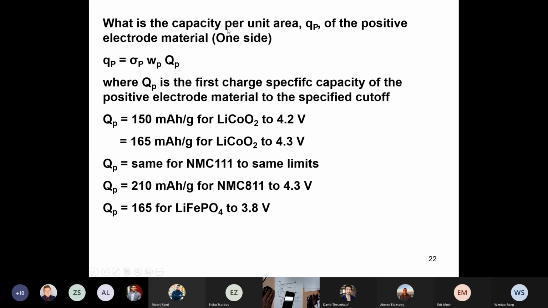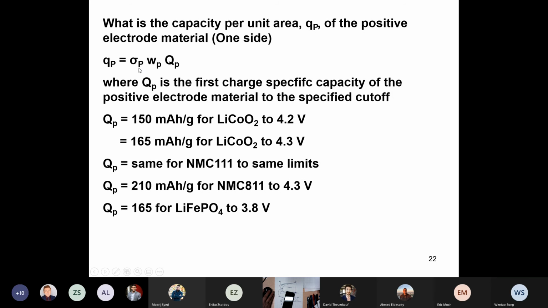Then you need to know the capacity per unit area of the positive electrode material on one side, because the capacity per unit area of the negative has to match this. Okay, they have to match each other to have a balanced cell. So the capacity per unit area of the positive side is the mass per unit area times the weight fraction of active material times the specific capacity of the positive electrode material to the specified upper cutoff.